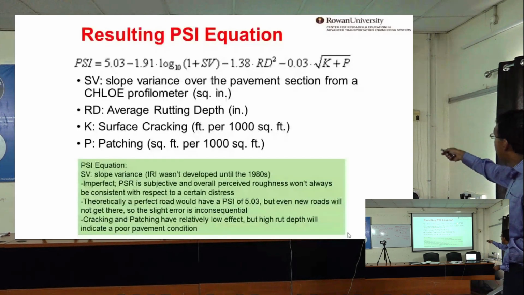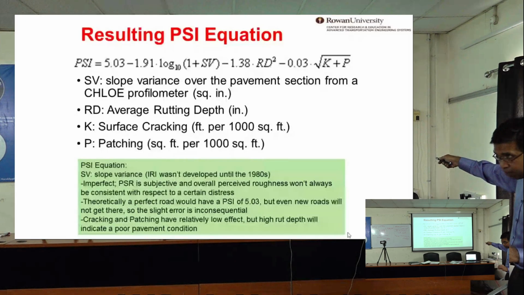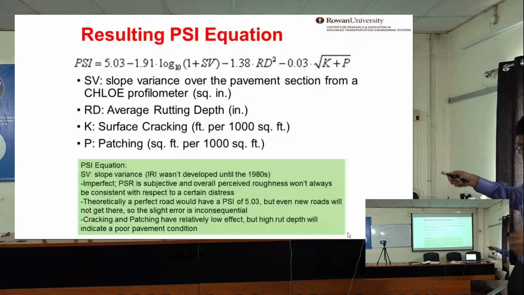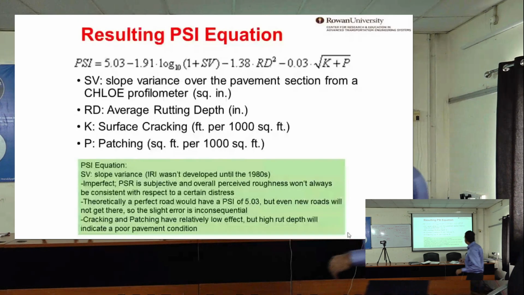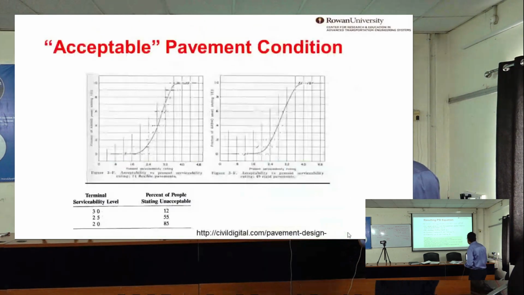As you can see from the factors right here, 0.03 means it's almost 3%. There is absolutely minimal impact of surface cracking and patching here, and a significant impact of rut depth right here, and then 1.91 is the roughness. You can see from this equation that cracking or patching did not have too much impact at that time in the PSI.